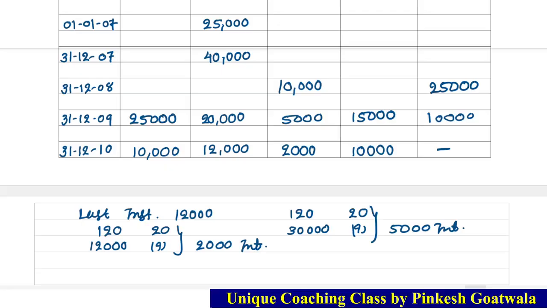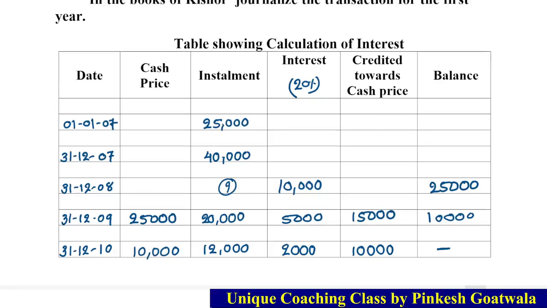When we started the problem, how did we find out the interest? So come to the last installment. Here on 31st December 2009, the balance comes 10,000. No, let's think about 2008. Then 9 also.